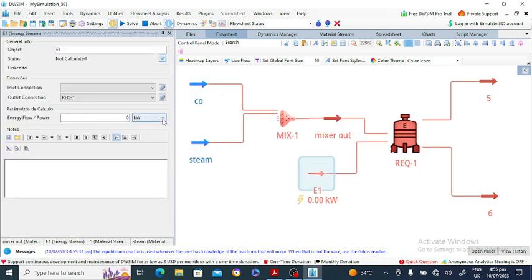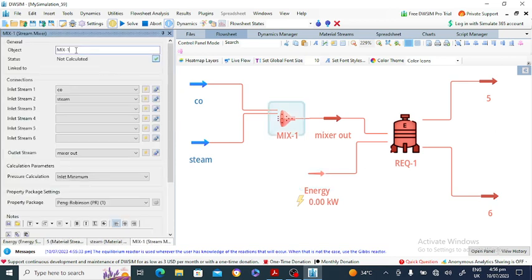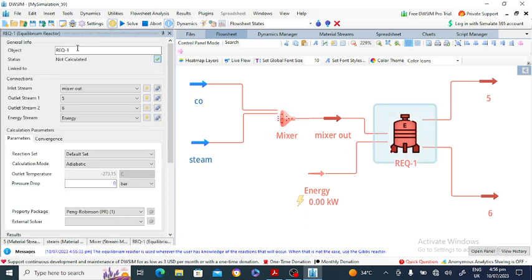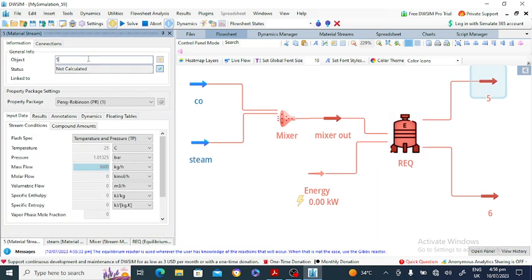This is the energy. This is the mixer. This is the equilibrium reactor. Okay, this is the top product, and this is the bottom.